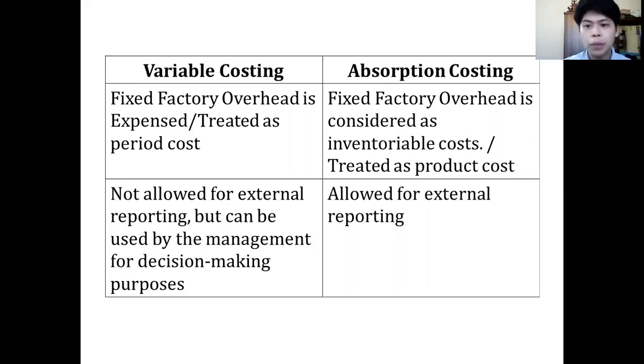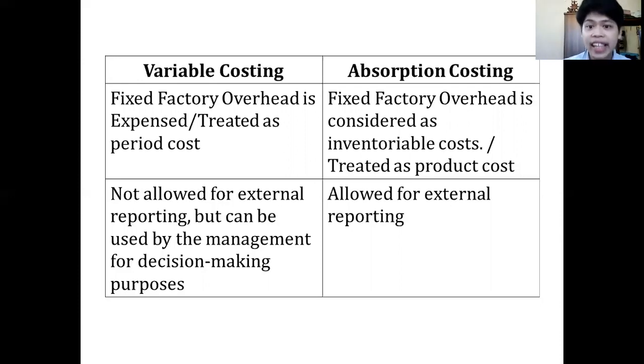How about absorption costing? Here, fixed factory overhead is considered an inventoriable cost. What does inventoriable cost mean? It means that the fixed factory overhead is allocated to the product.